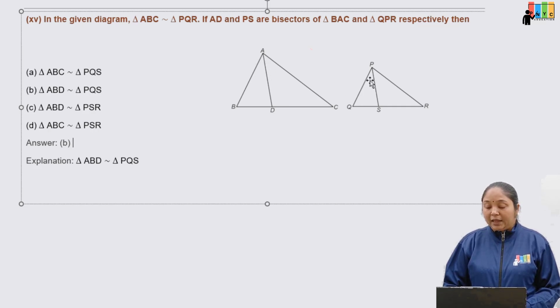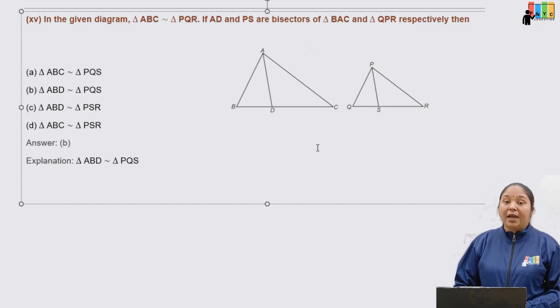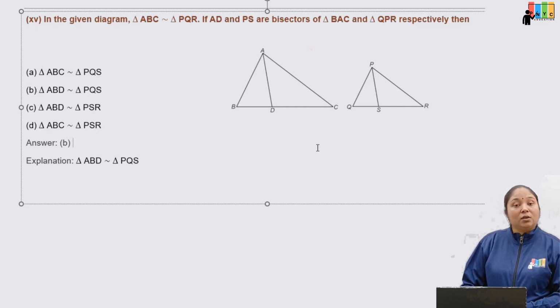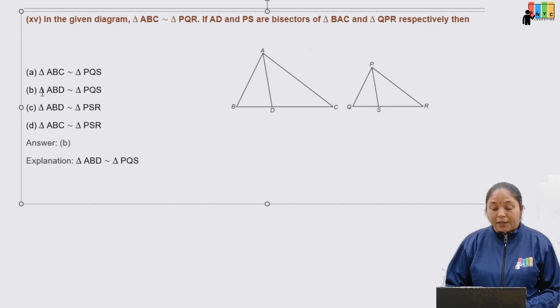Angle A, that is BAD, is equal to QPS. But angle C is not equal to angle S. That means they are not equiangular, so they are not similar. So that option is not correct. Let's see the next option.